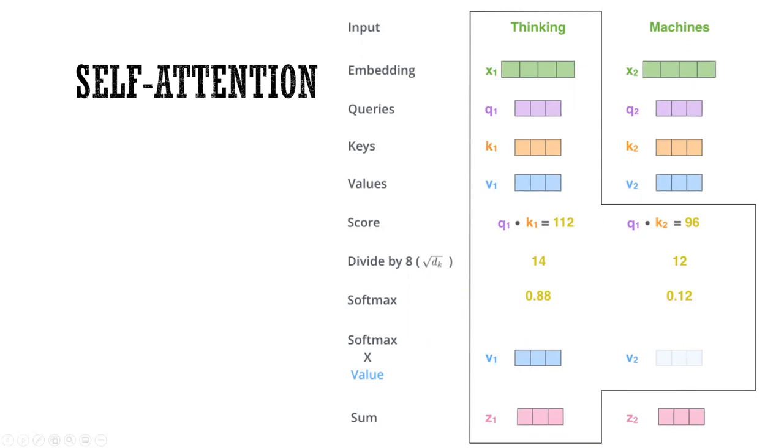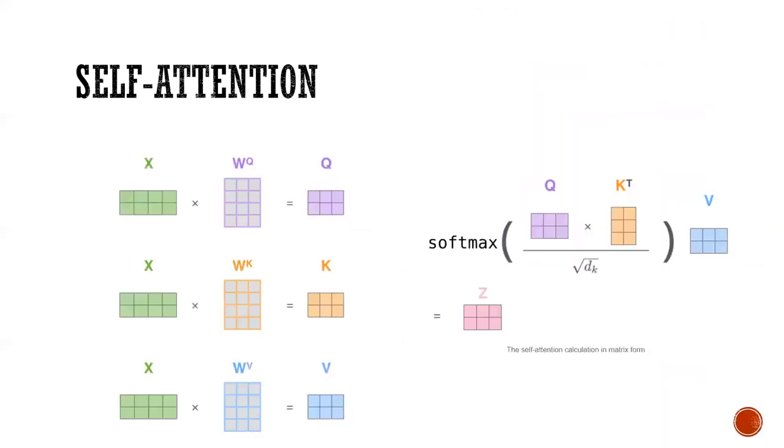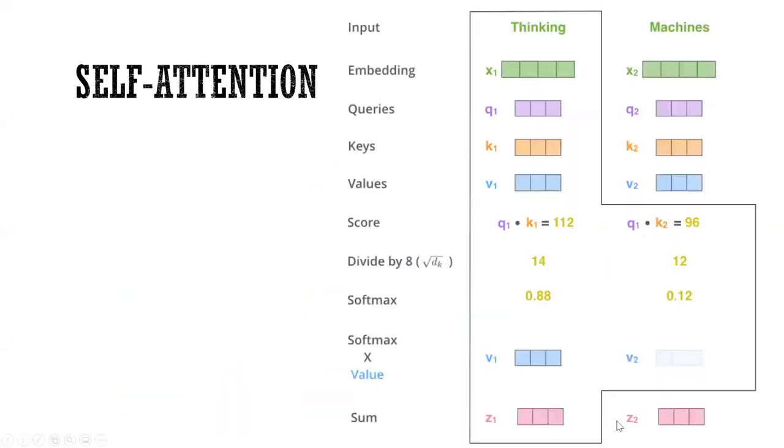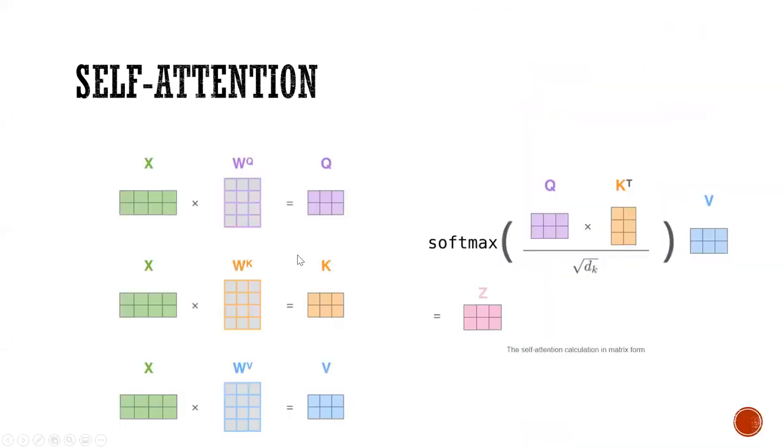We do this for all the input words, which gives us Z1, Z2, and so on until the end of the sequence.